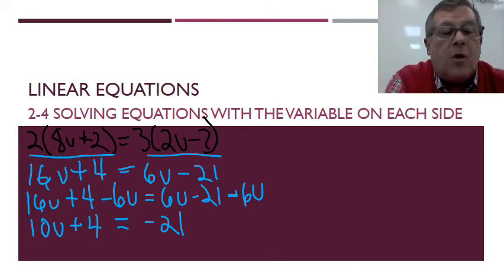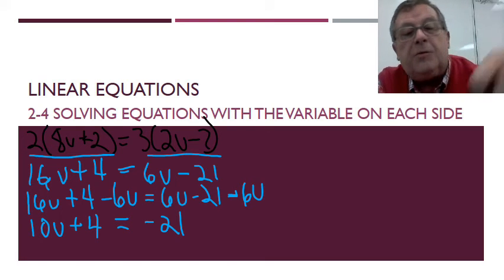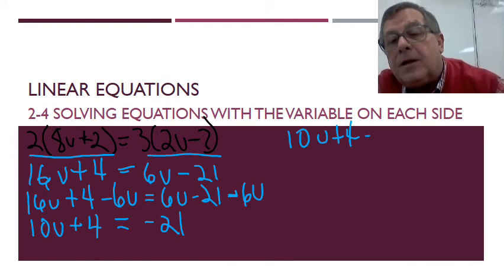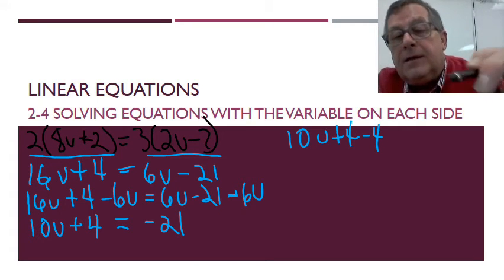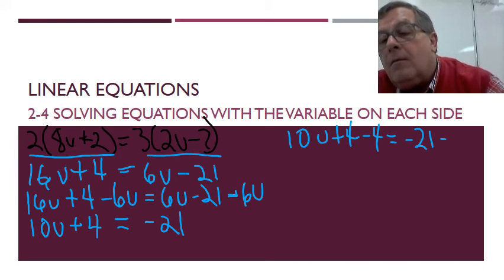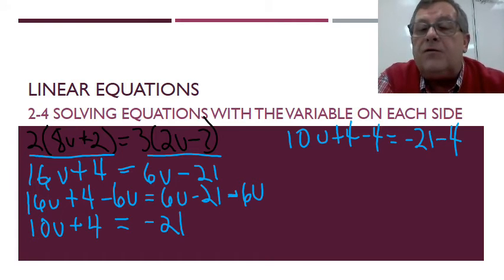Now, I want to finish isolating my variable u, and I got 10 of those right now. So I'm going to now subtract 4 from both sides so that I can get the u's by themselves. So I got 10u plus 4 minus 4 equals negative 21 minus 4.